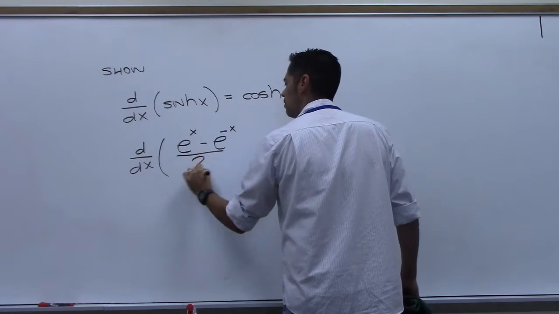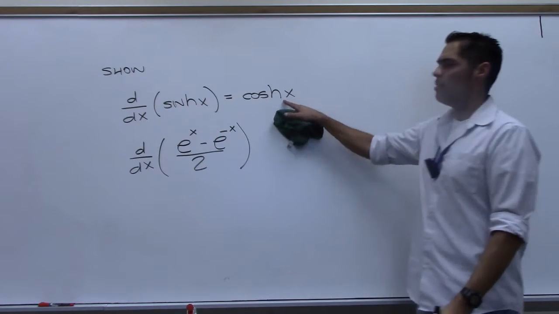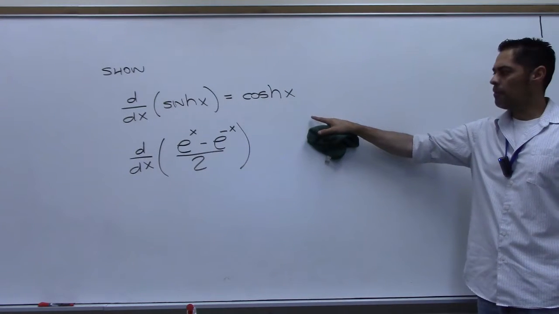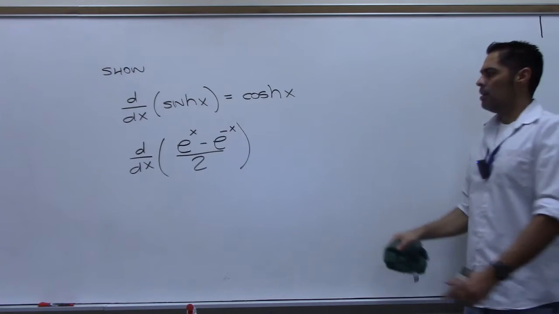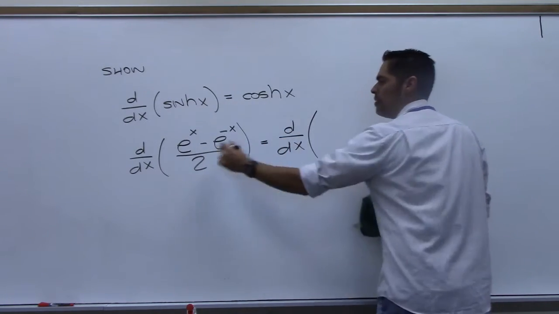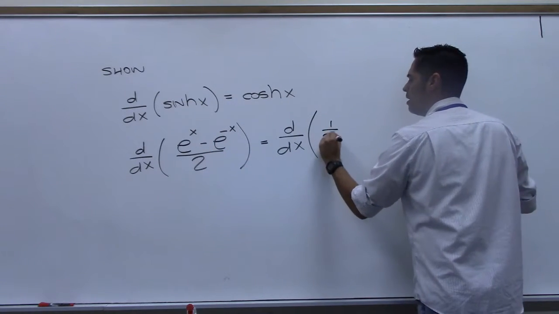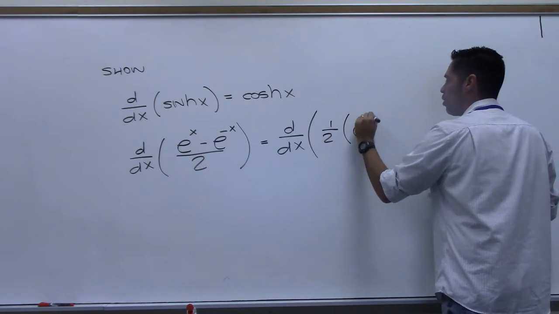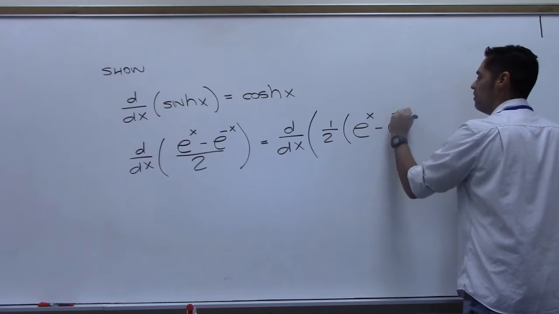Is that okay? I need to show that that's equal to hyperbolic cosine. With me? All right, so I'm not going to take the derivative yet. I'm going to rewrite this in a more convenient form. It's more convenient for me right now to use this form.